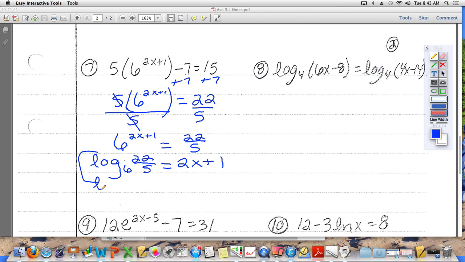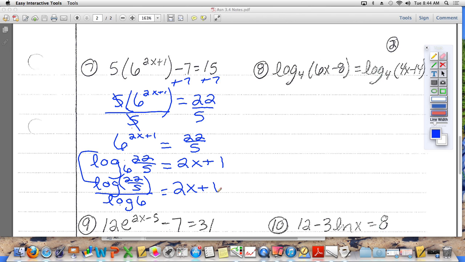So we're going to do log of 22 fifths. Make sure you close off your parentheses. Get an answer. Divide that answer by the log of 6. And that's going to be equal to 2x plus 1.